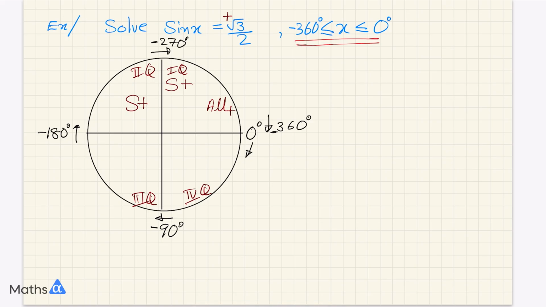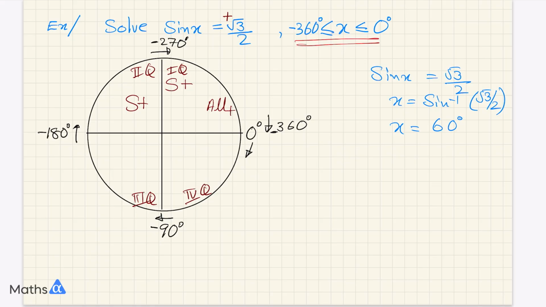I'm going to take this equation here. We have sin x equals square root 3 over 2. So I'm going to find the principal angle, x equals sine inverse of square root 3 over 2. When you use the calculator, you would get this angle as 60 degrees. Now, what do we have to do next?